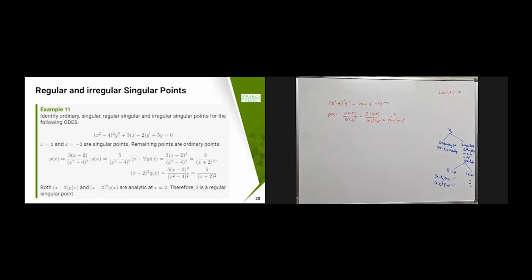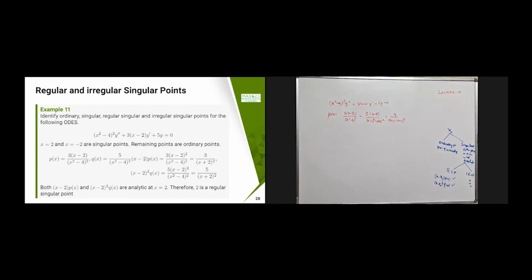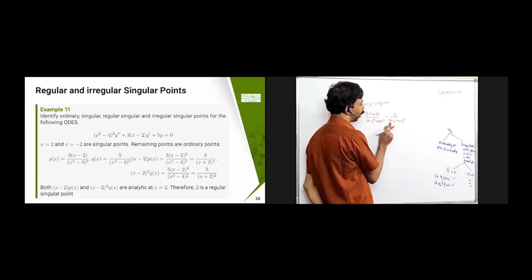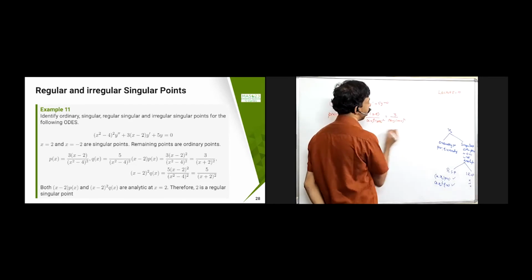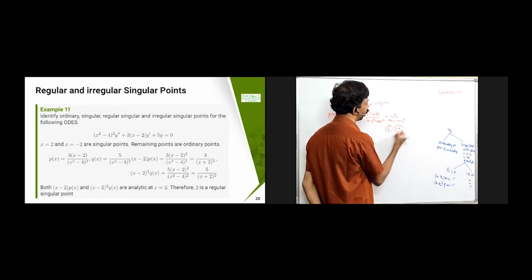In this case, you can see where it is going to be defined. If I approach x equal to 2, then this becomes infinite, therefore at 2 it is not defined. Similarly, if I put minus 2, the denominator becomes 0, therefore minus 2 is also not defined.